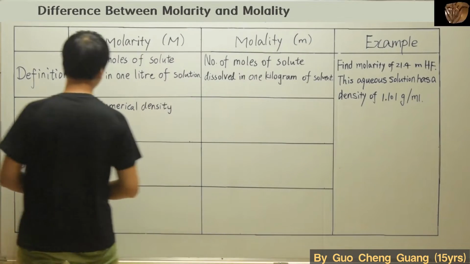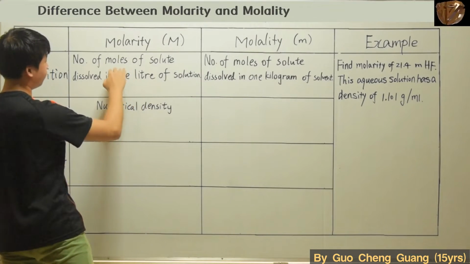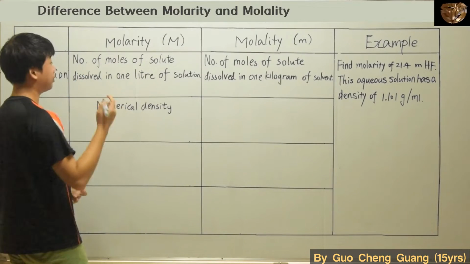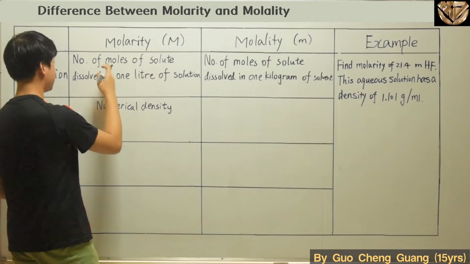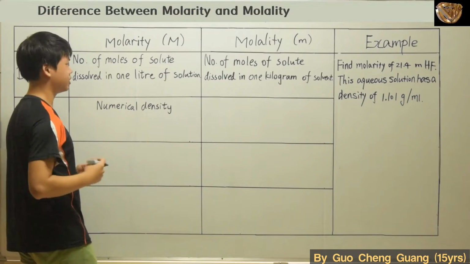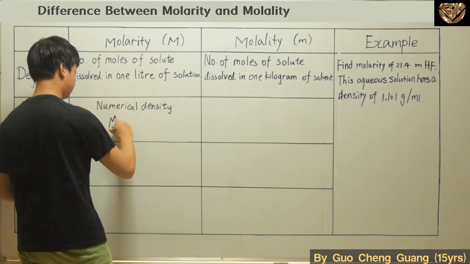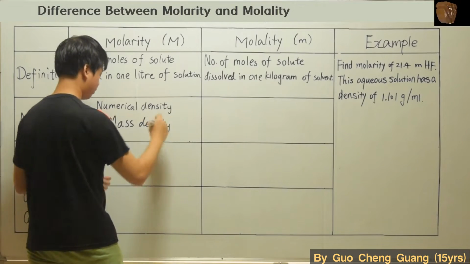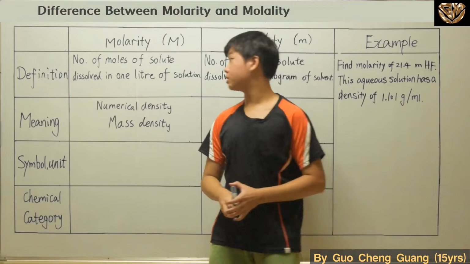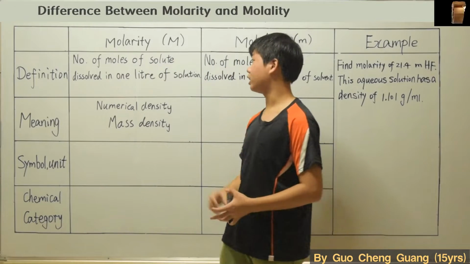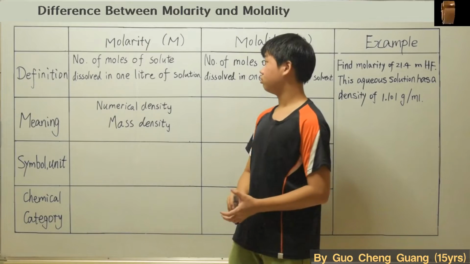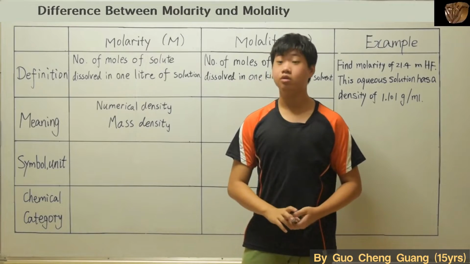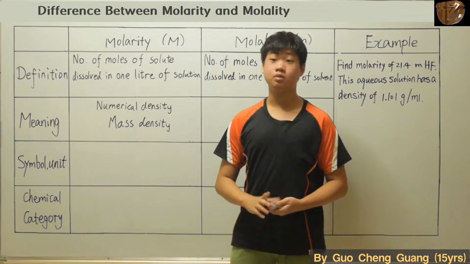In other words, what if we multiply this part by its molar mass? If you multiply it by its molar mass, of course you will get the mass of solute. But what's so special about that? Then it will give you a mass density, which they can ask during tests at times. Like, let's say they give you the mass of solute and they give you the volume of solution. If you want to find the molarity, then you just divide the mass of solute by its molar mass.